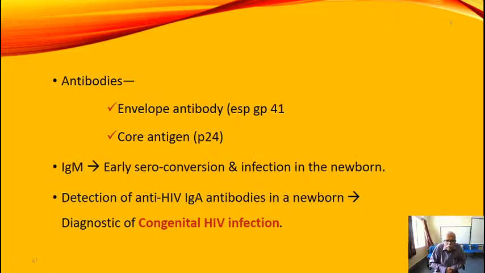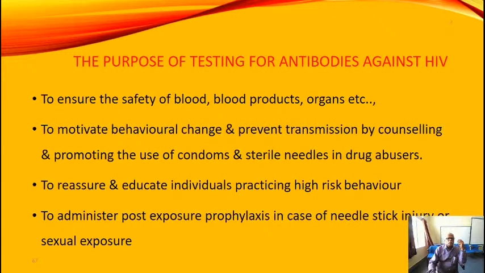So other antibodies can be produced apart from the P24 and GP41, that's the envelope antibody. So some other antibodies will be actually manufactured like IgM antibodies, but they are of no value in diagnosis except neonates. But in neonates also we don't have so far a test to diagnose.